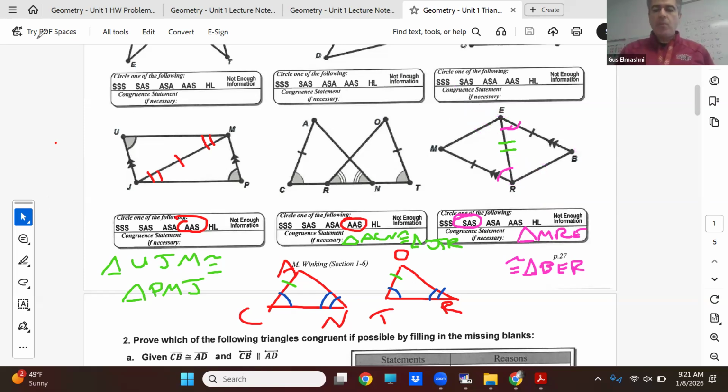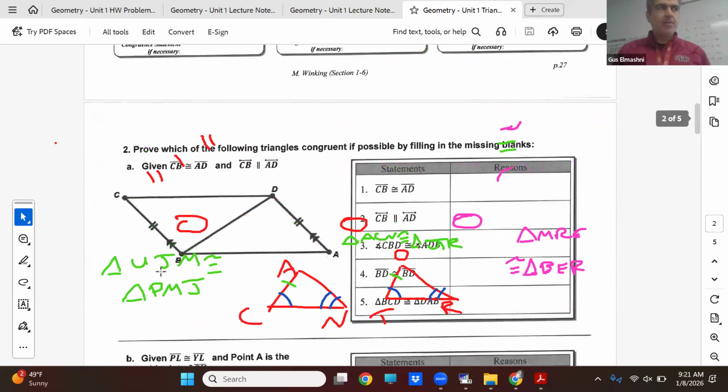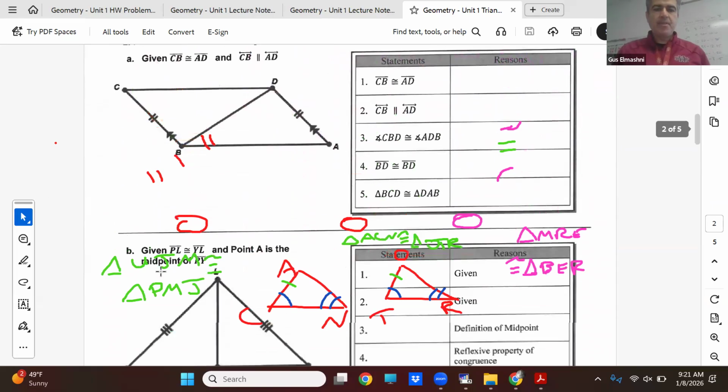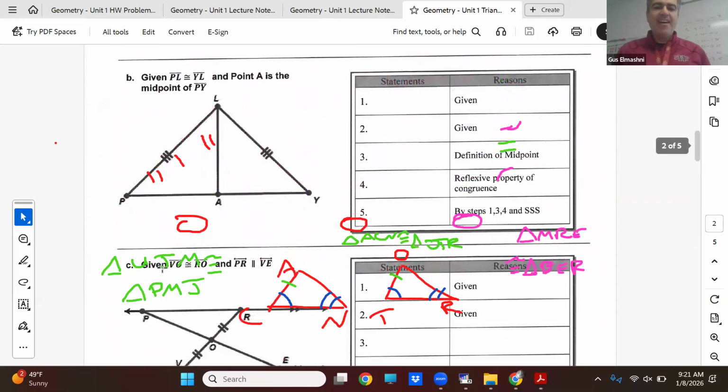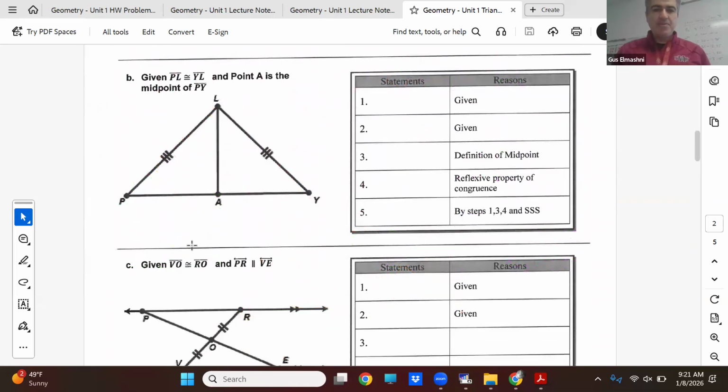Okay, let's look at one more type of proof and then you guys can work on homework. Let's do 2B. So you know that PL is equal to YL, and also that point A is the midpoint of PY.